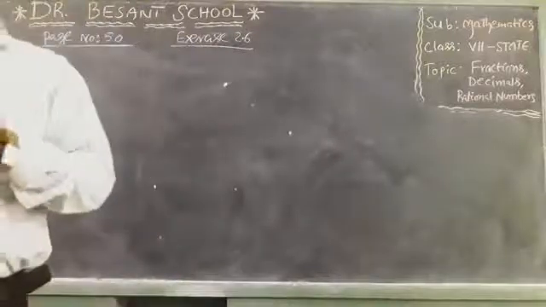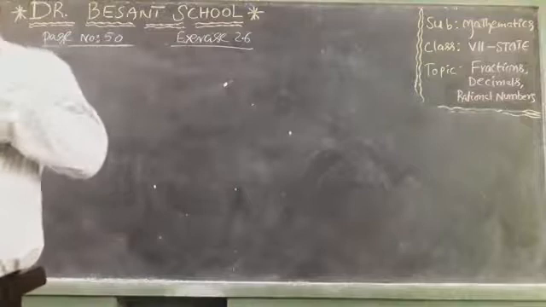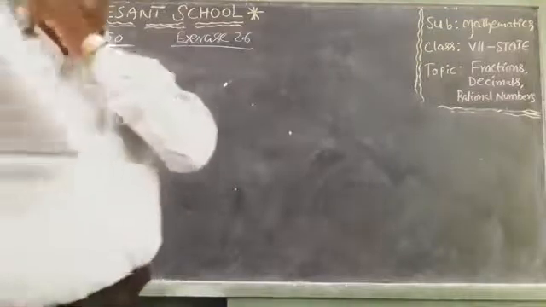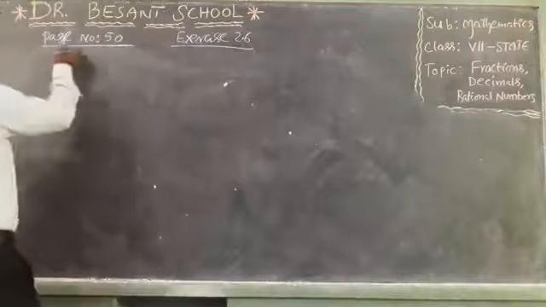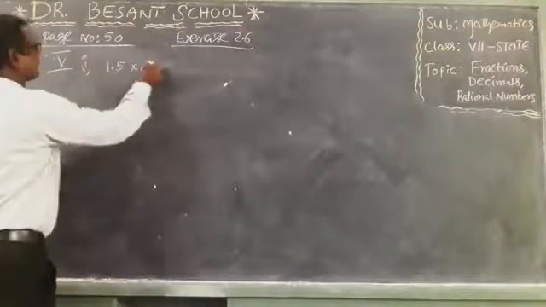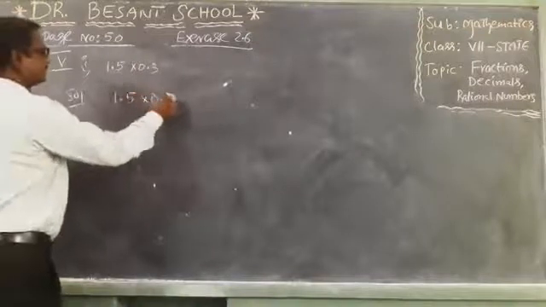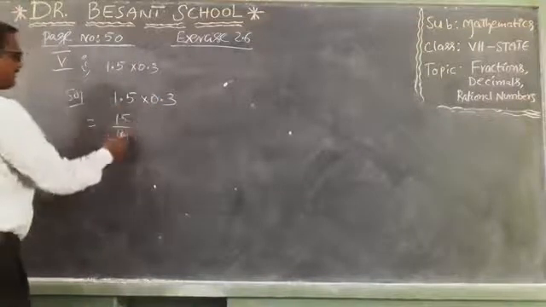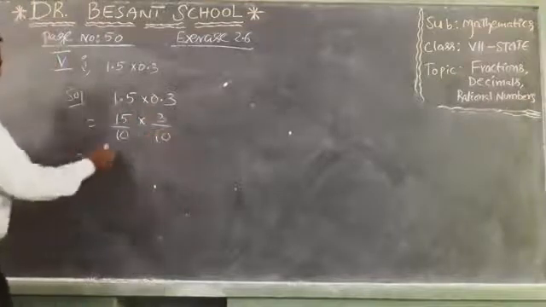Children, come to Roman number 5. Solve the following. 1.5 into 0.3. First one 1.5 into 0.3. Verify, children. 1.5 can be written as 15 by 10. 0.3 can be written as 3 by 10.